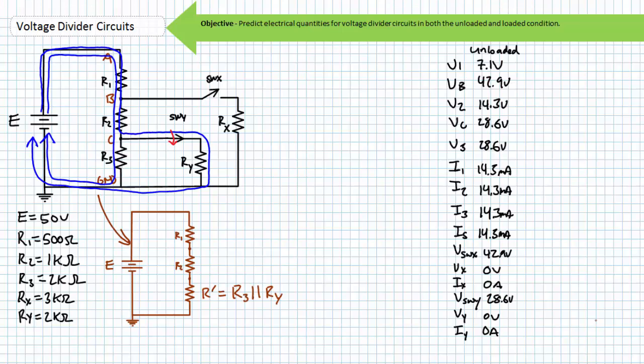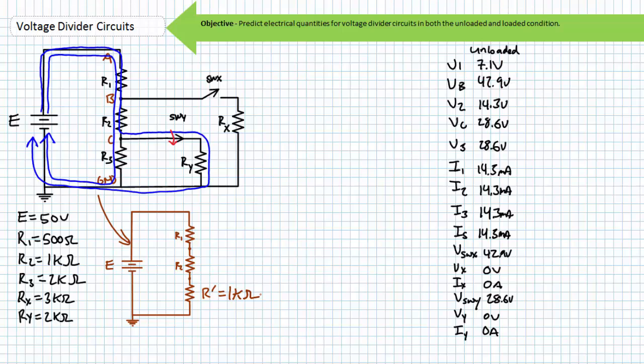Since R3 and Ry are in parallel, the closure of switch Y is in effect replacing the original series configuration of R1, R2, and R3 with a series configuration of R1, R2, and R', where R' is the parallel combination of R3 and Ry. Since R3 and Ry are both 2 kΩ resistors, R' would be equal to 1 kΩ.